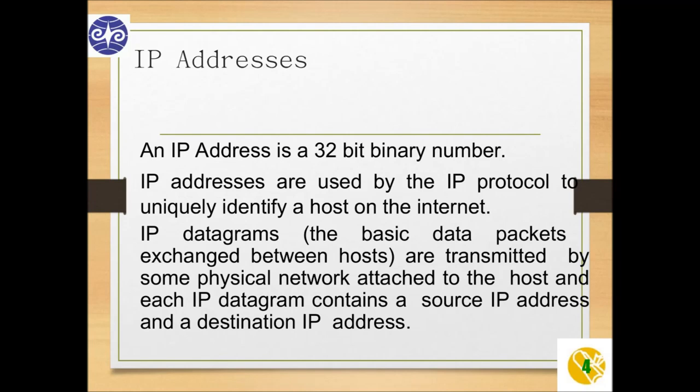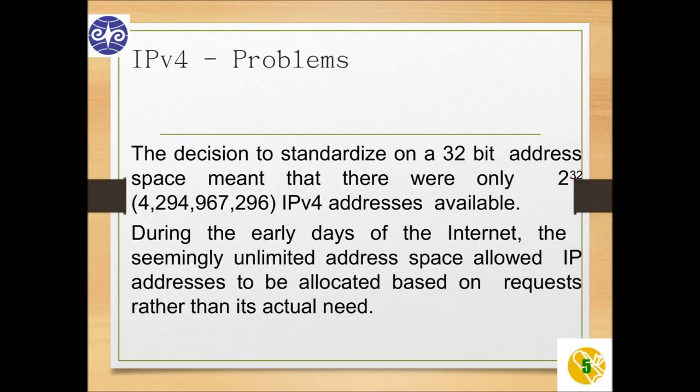The sender address will be the source IP address and the receiver address will be the destination IP address, and if IP version 4 is being used, then this address will be a 32-bit binary number. So in this slide we have learned that every packet must contain the source IP address as well as the destination IP address.